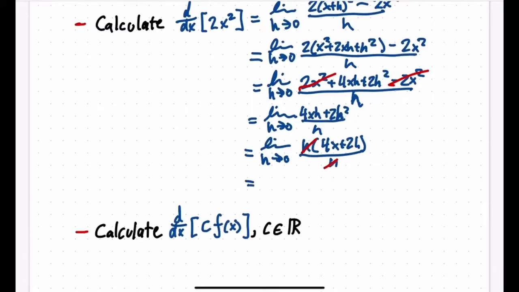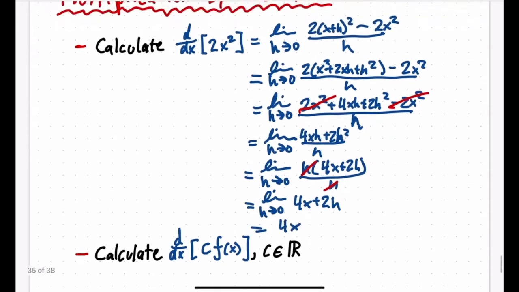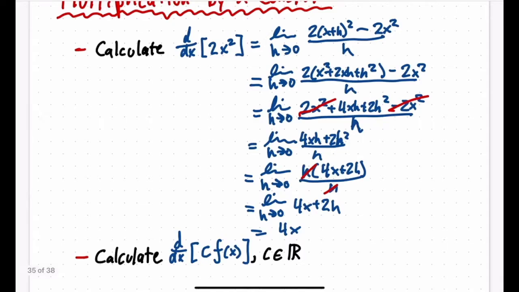So this equals the limit as h approaches 0 of 4x plus 2h, and as h gets closer and closer to 0, this 4x will be added to a number that gets closer and closer to 0. So when h is basically 0, we can say that this just equals 4x. So we have that the derivative of 2x squared equals 4x.